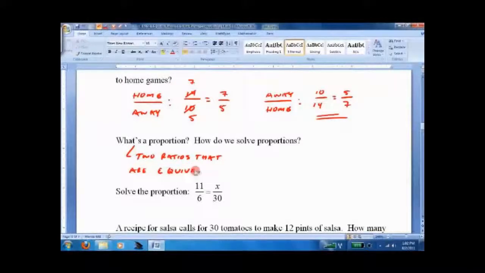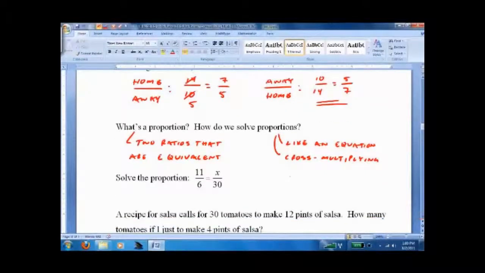And there's a lot of different ways to solve them. We can solve them like an equation, or we can cross multiply. Most people like cross multiplying. Whatever works for you is fine with me.